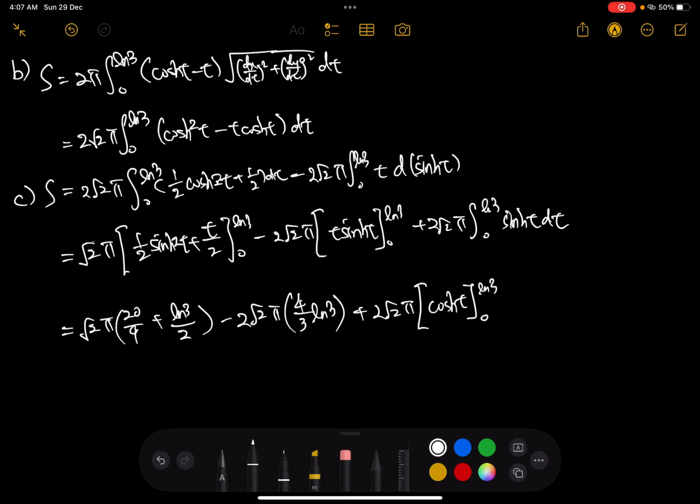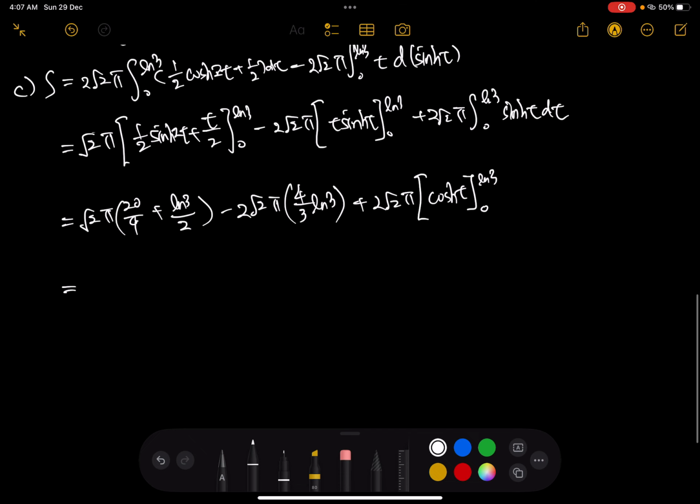So let's go ahead and expand the brackets. So that's 20 root 2 pi over 9 plus root 2 natural log 3 pi over 2 minus 8 root 2 pi natural log 3 over 3, plus, well, hyperbolic cosine of natural log 3 is 5 over 3.